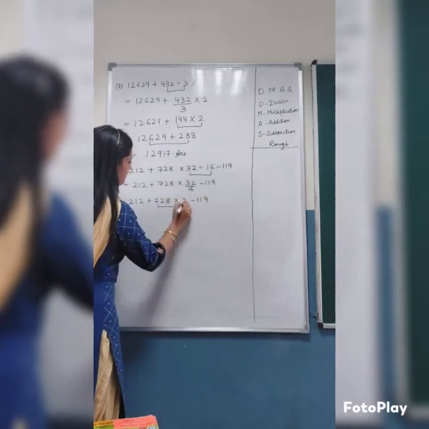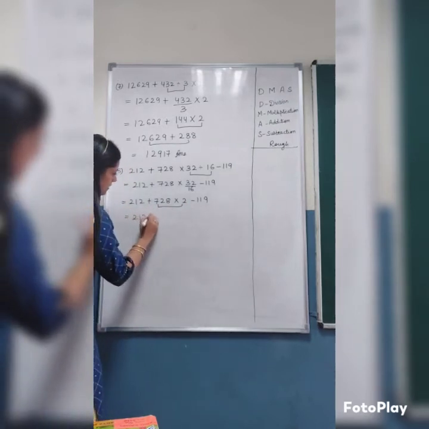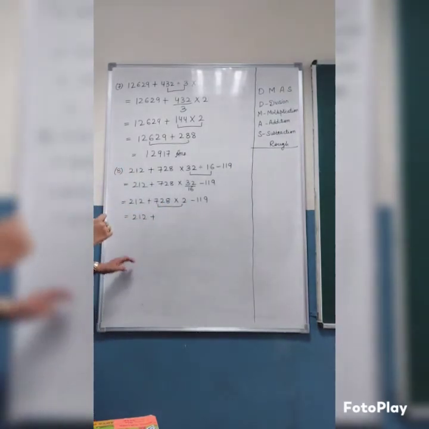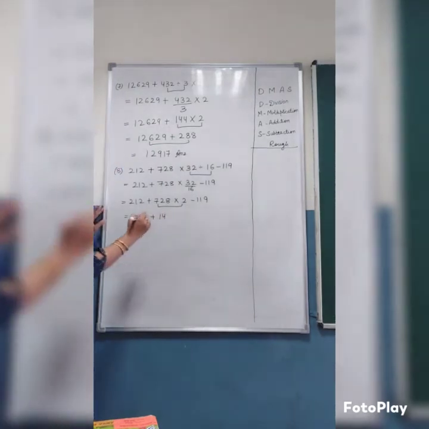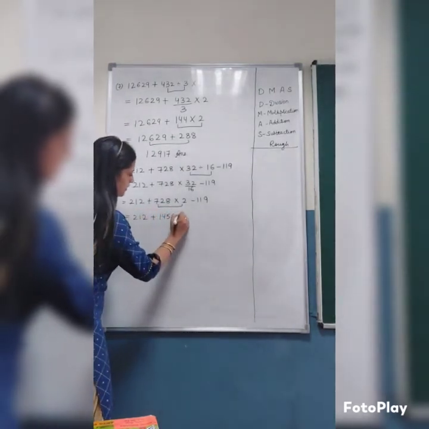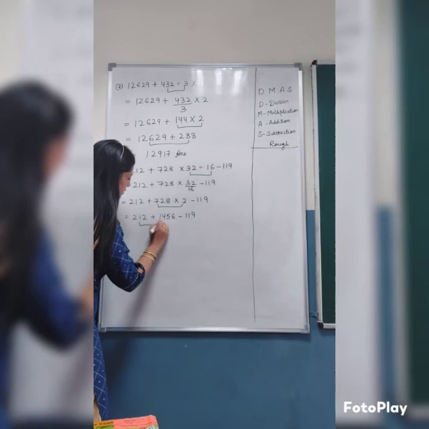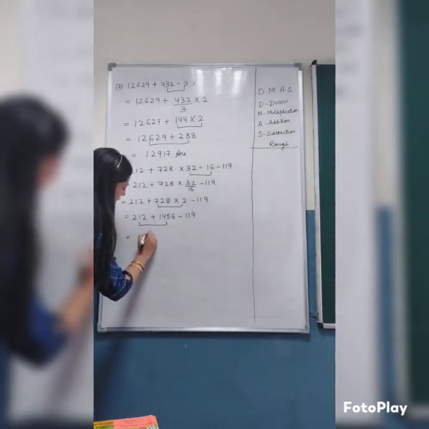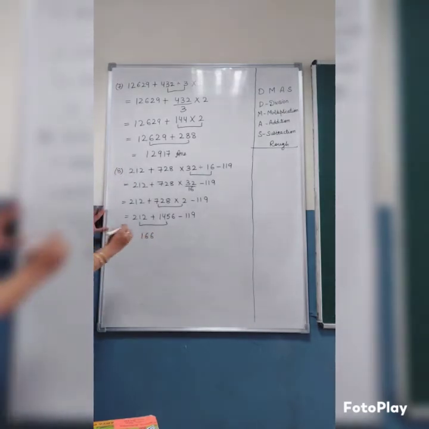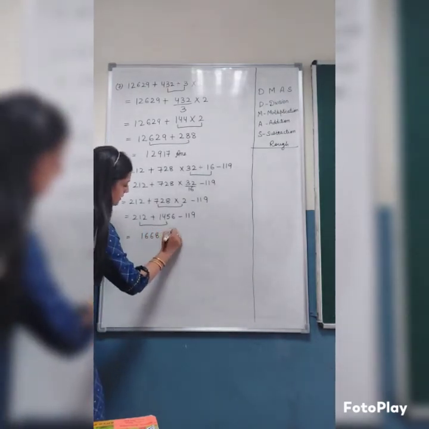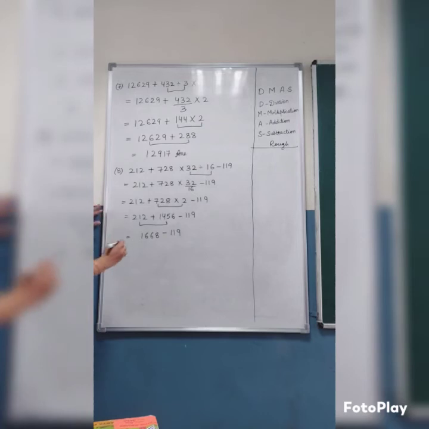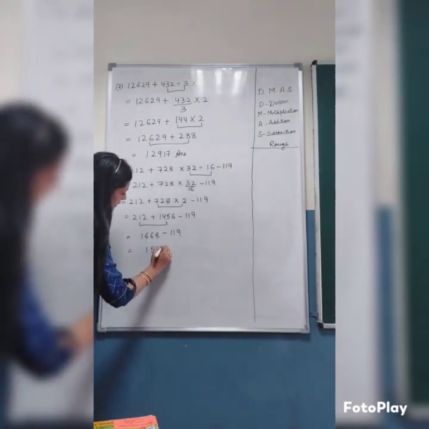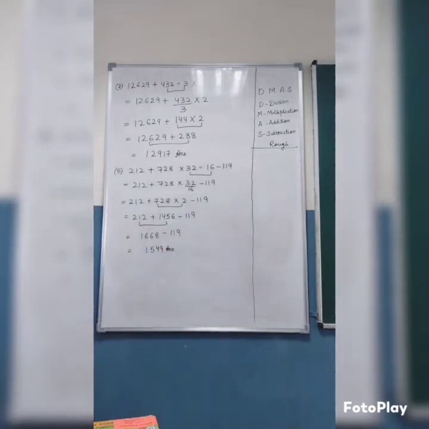Then the next step is to multiply, and we get 1,456. Now the next step is to add, and we get 1,668. Then subtract 119, and we get the answer 1,549. Clear?